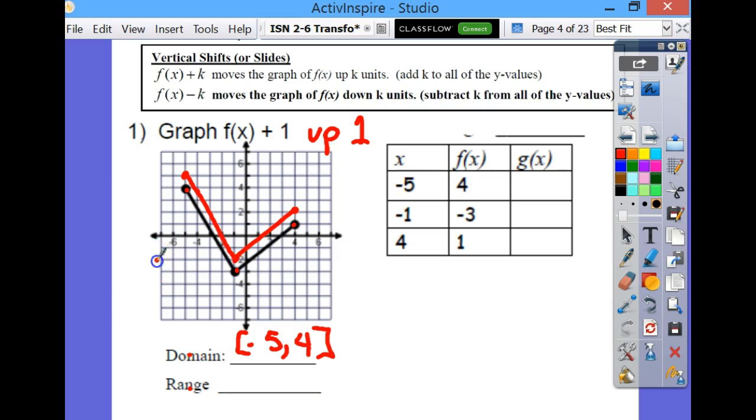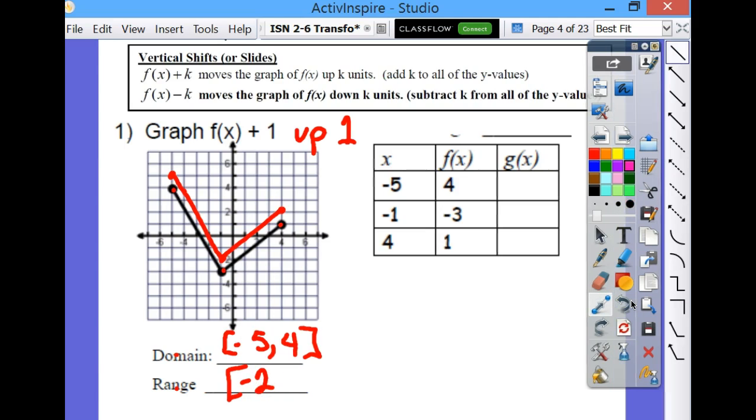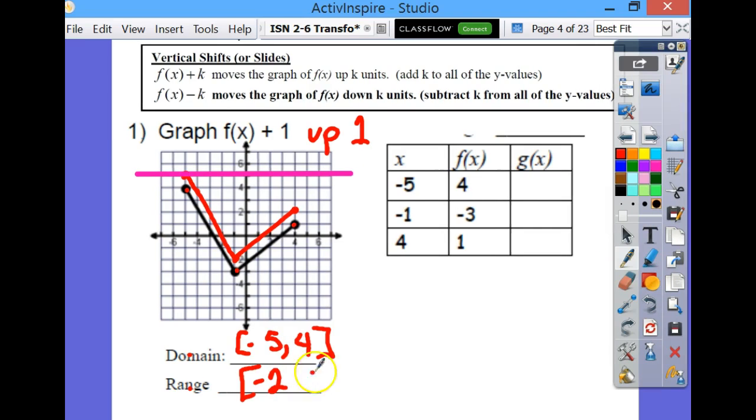So here would be the bottom of that graph now, and that would be at -2. And here is the top value of that graph now, and that would be at +5. Now, what's this table for?